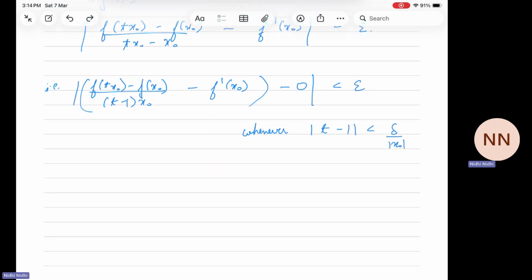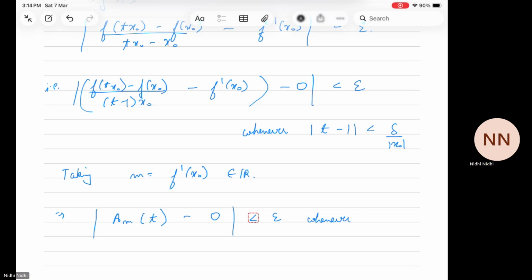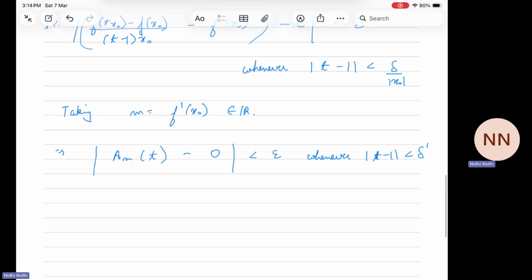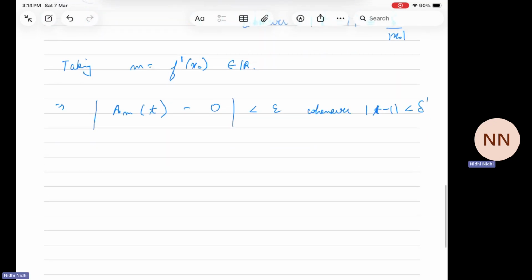And taking m to be equal to f dash x naught, which is obviously belonging to real numbers, we get mod A_m(t) minus 0 is less than epsilon whenever mod t minus 1 is less than delta prime, where delta prime is nothing but delta by mod x naught.